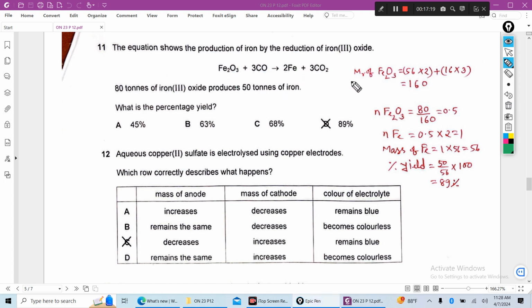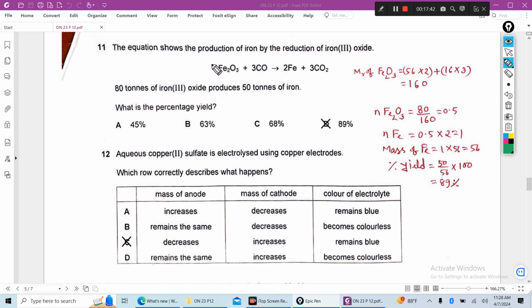First of all, find the relative molecular mass of iron(III) oxide: 2 iron atoms, 56 times 2, plus 3 oxygen atoms, 16 times 3, gives 160. The number of moles of iron(III) oxide is mass divided by molecular mass, 80 divided by 160, which gives 0.5 mole.